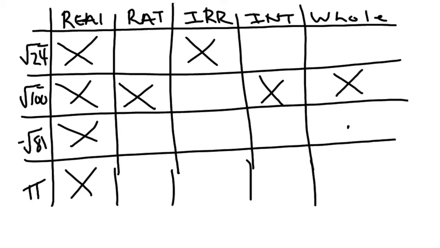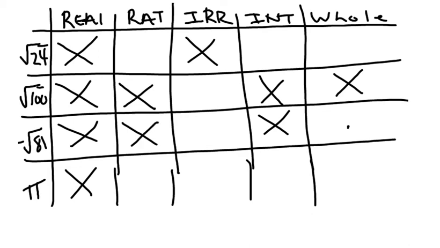They start with 0 and go 1, 2, 3, 4, 5 like that. Is it an integer? Is negative 9 on the number line? Yes, it's an integer. Okay. Is it irrational? No, because it's a perfect square. Is it rational? Yes, all perfect squares are rational.